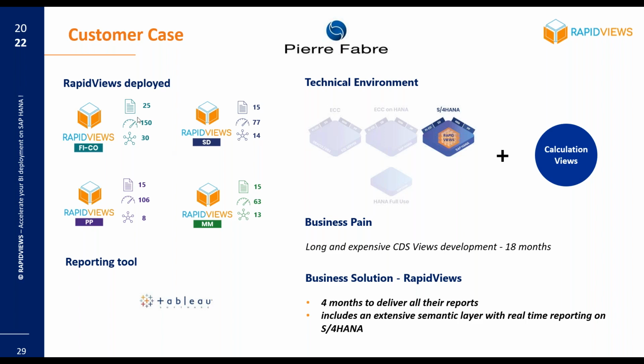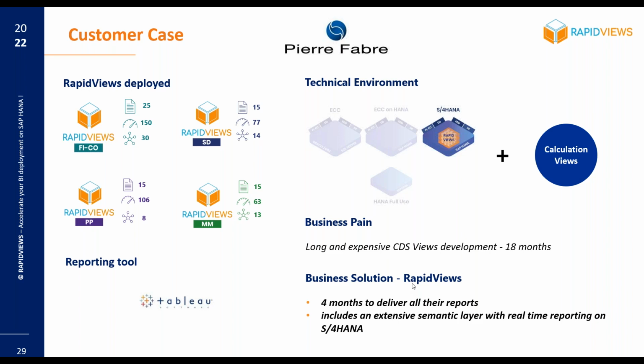As you can see here, 150 KPIs as standard for FI-CO, 77 KPIs for SD, 106 for PP, and 63 for MM, which were used for cross-module reporting.